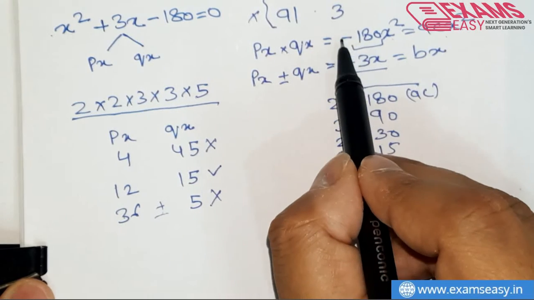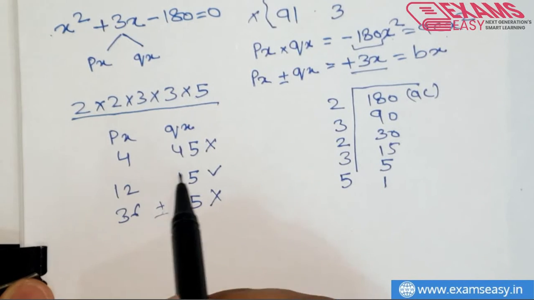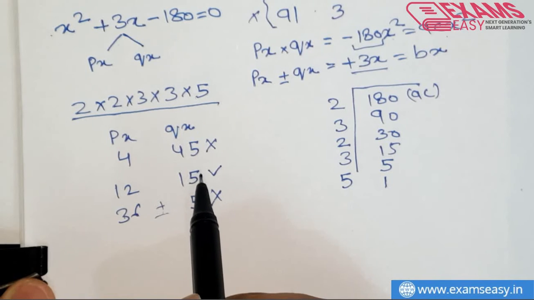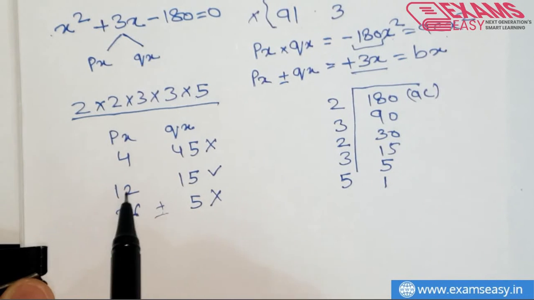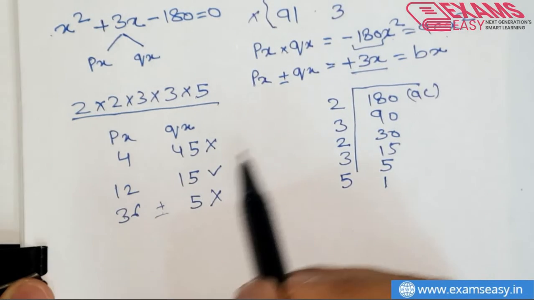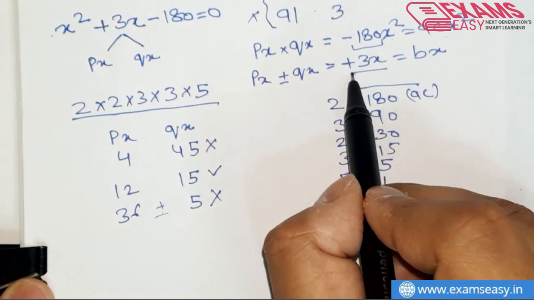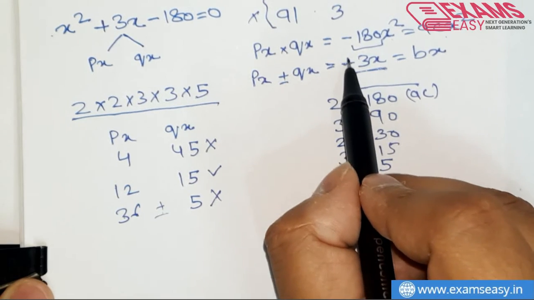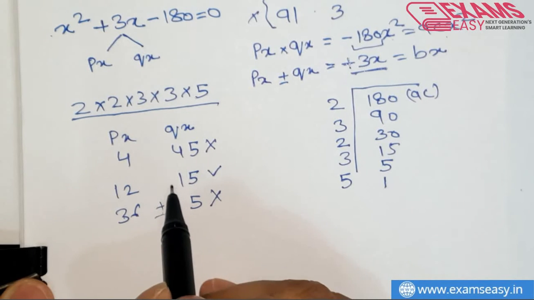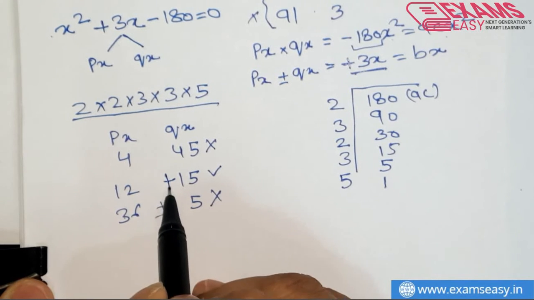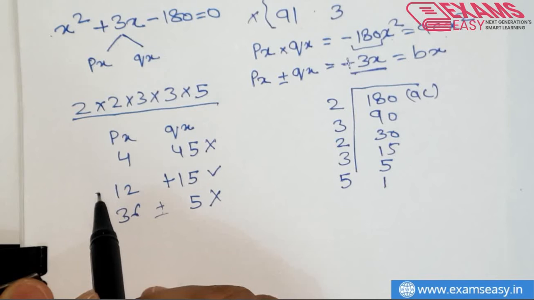Since in the product we have a negative sign, either of these digits has to be negative. But which one has to be negative, we come to know from this condition, that is 3x. We want plus 3x, that means the greater digit has to be positive and the smaller digit has to be negative.